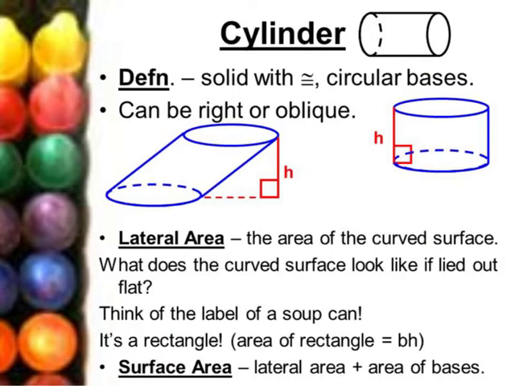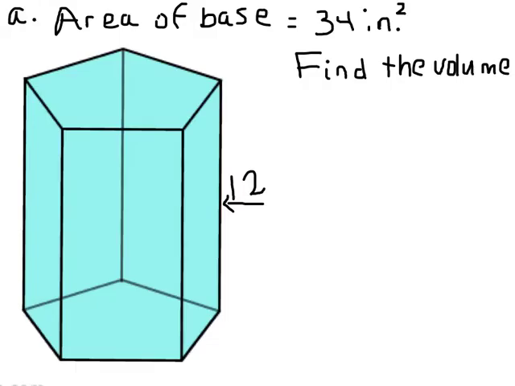So let's go ahead and work our practice problems. Alright, so A tells us that the area of the base is 34 inches squared. So in this one, you've already been given the area of the base.